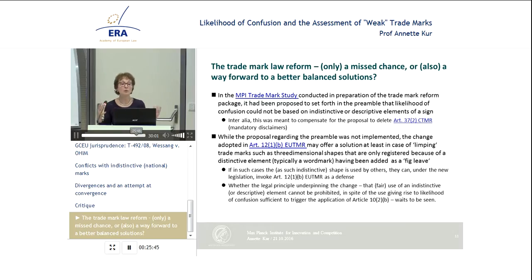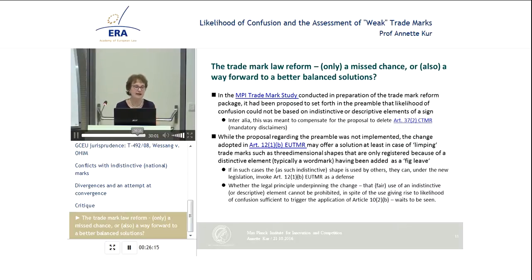Okay, so now I've come back to the trademark study that we did in the Max Planck Institute. We actually tried to make the courts and authorities aware of this problem, having been alerted to this through previous practice, and point out in the preamble that it should not be possible that likelihood of confusion is found if it is only based on indistinctive or descriptive elements of a sign.